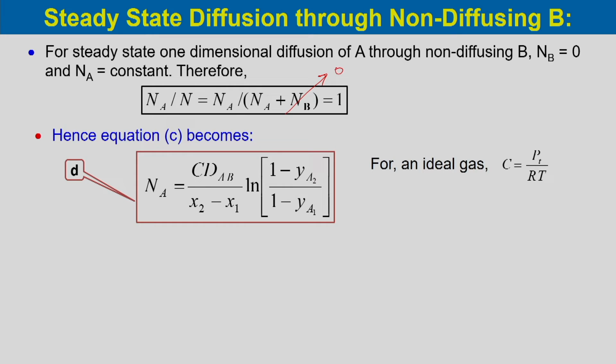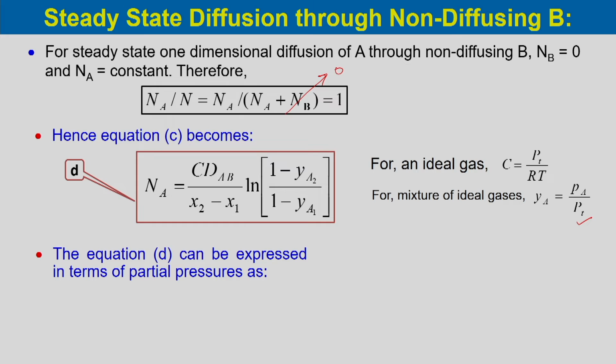For an ideal gas, we can write concentration would be equal to total pressure Pt divided by RT. R is the universal gas constant and T is the temperature. For a mixture of ideal gases, the mole fractions YA in the gas phase can be expressed as the partial pressure of that component divided by the total pressure.